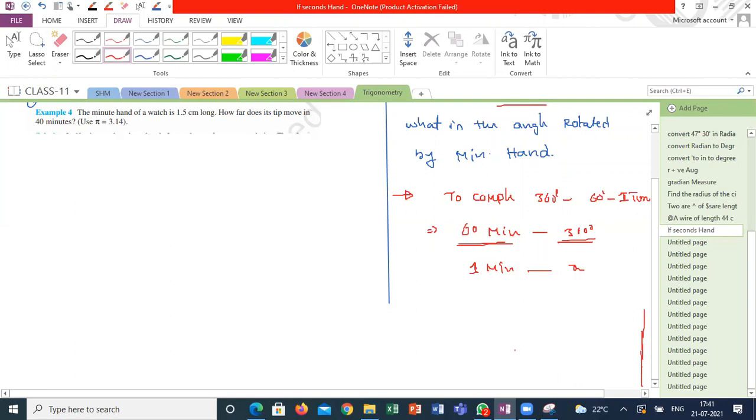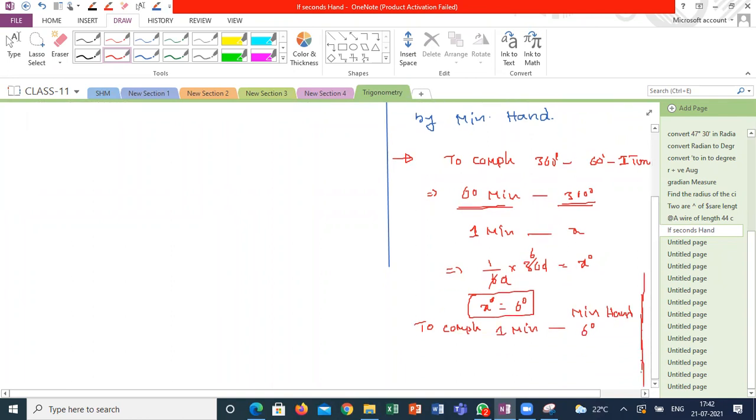Sir, 6 degrees. Yes. 1 by 60 into 360 is equal to the angle rotated in degrees, that is 6 degrees. So x degrees is equal to 6 degrees. That means to complete 1 minute, the minutes hand will rotate 6 degrees.